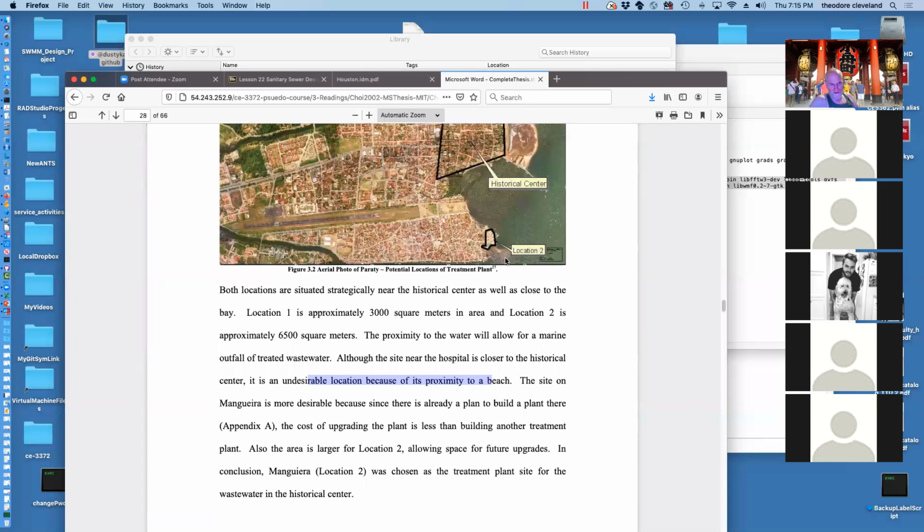So the ultimate selected one was location 2, which actually makes good engineering sense despite the extra distance, because we can stay out of the water the entire sewer run to get to it.